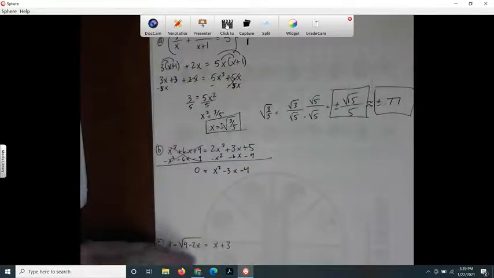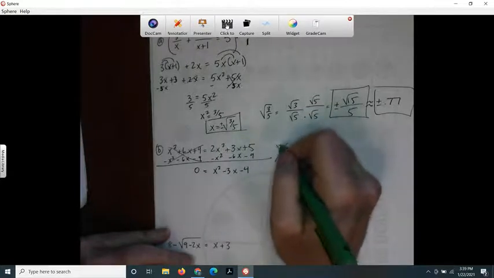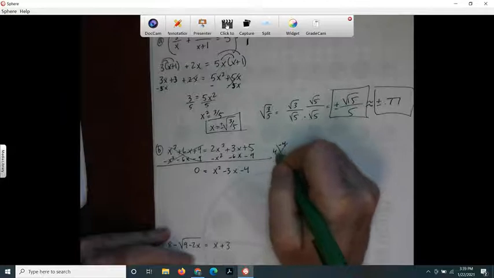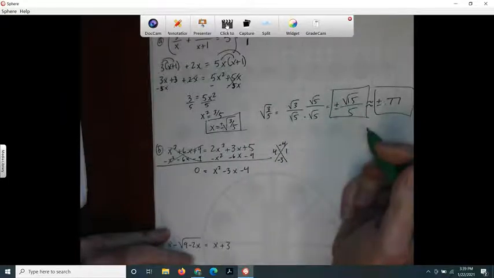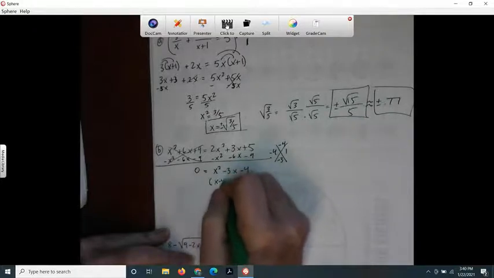Okay, and then I'm going to try to do a diamond problem. So I'm trying to think of numbers that multiply to make -4 and add to make -3. 4 times 1 makes 4. So I think I can write it as x minus 4.